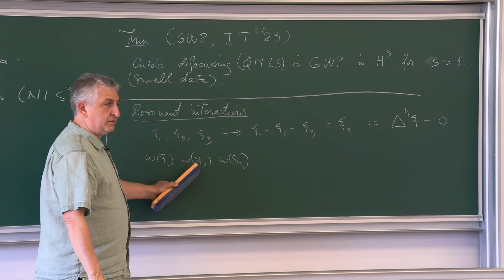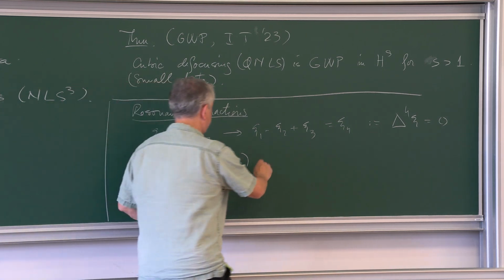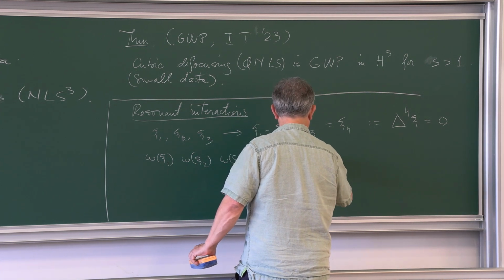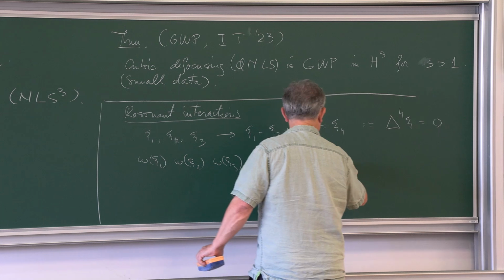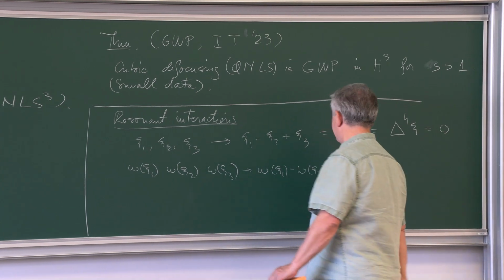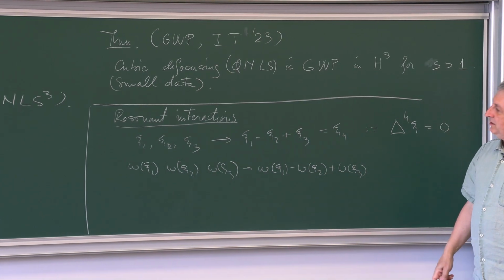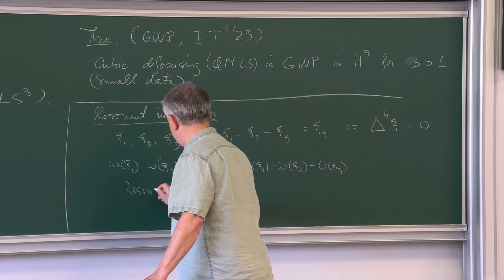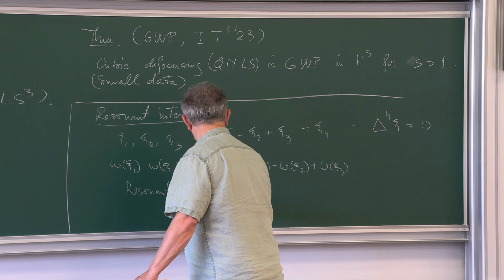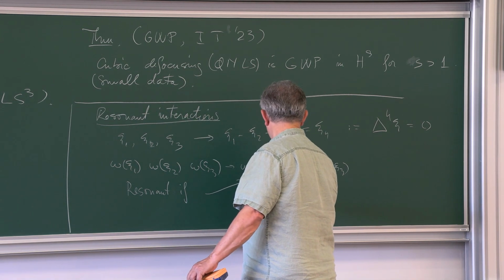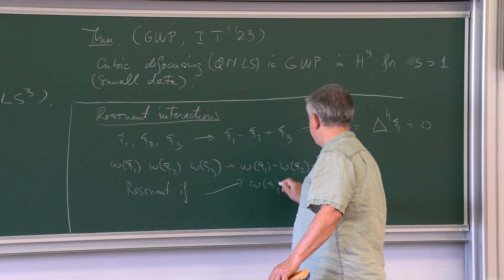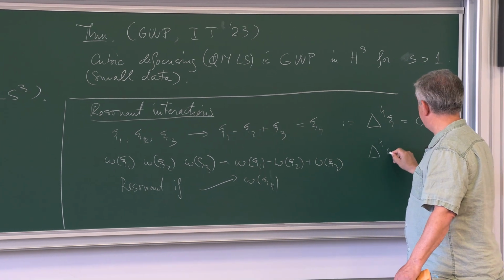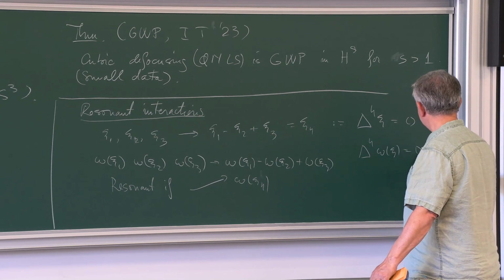The middle one is complex conjugate. So we get at the output omega of psi1 minus omega of psi2 plus omega of psi3 as the output frequency. And the interaction would be resonant if this guy is omega of psi4, where psi4 is the output frequency. So we write this as delta 4 omega of psi is equal to 0.